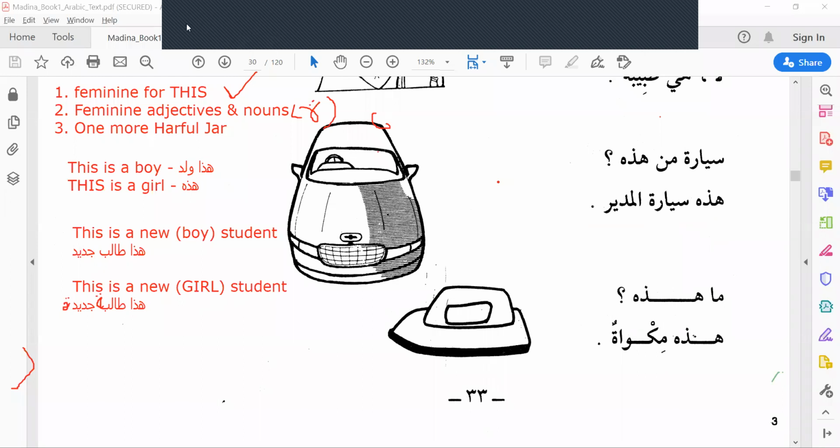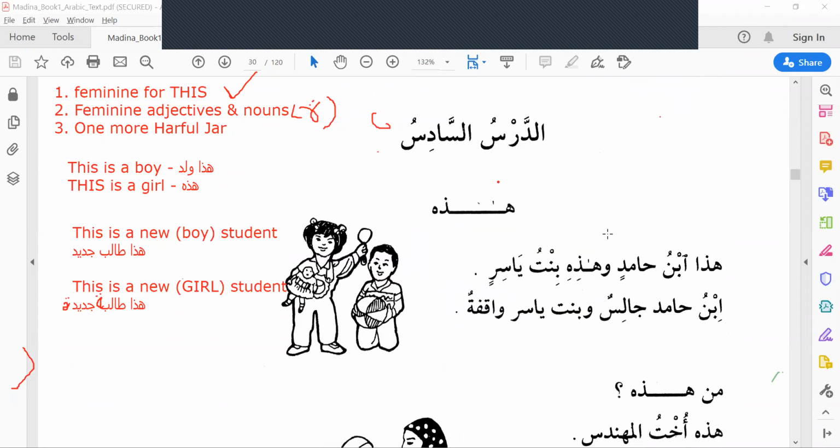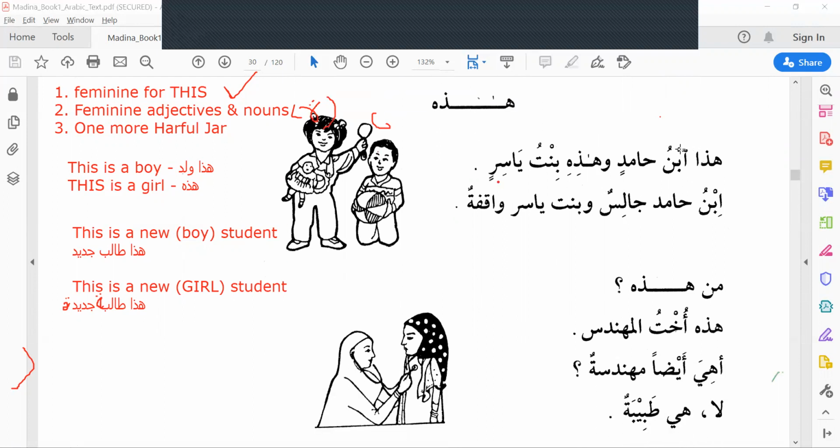Let's read it together one time, okay? Bismillahirrahmanirrahim. Ad-darsus sadisu. Sixth lesson. Hadihi. This. Feminine. Hadha bunu Hamidin.